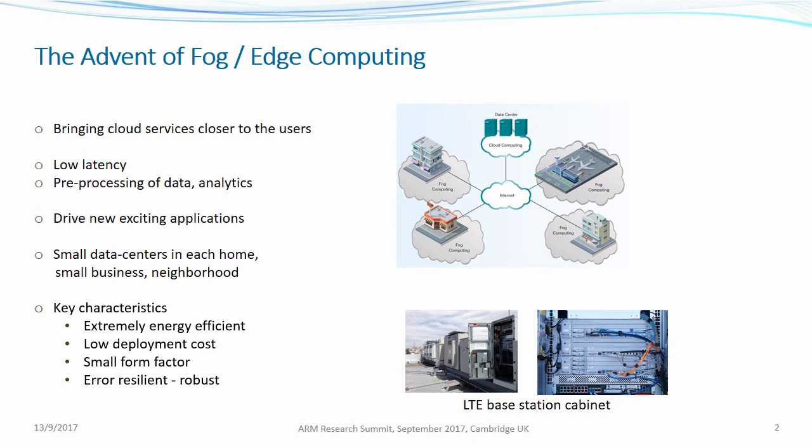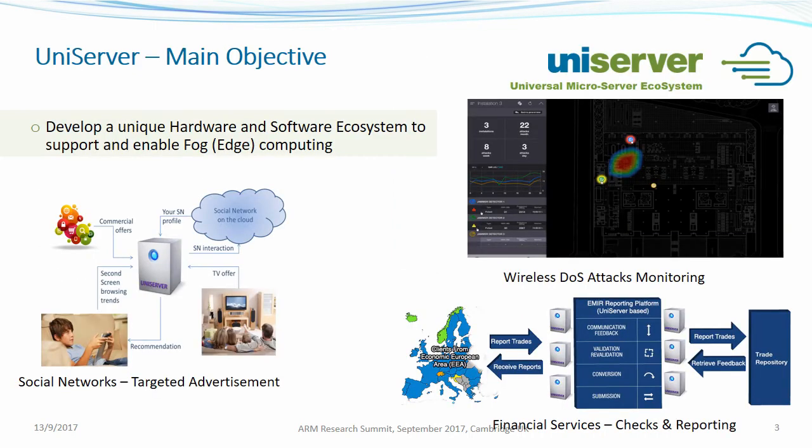They need to have low deployment costs, small form factors, and since they are out there, often not in controlled environments, they need to be error resilient and robust. So the main goal, the main target of the UniServer project is to develop the software and hardware ecosystem that would support and enable fog computing.